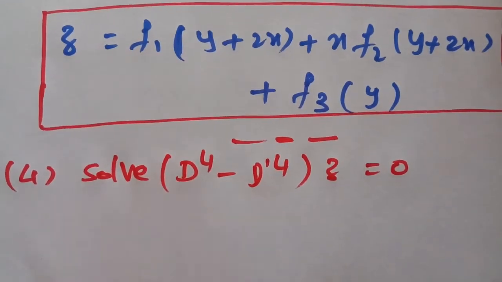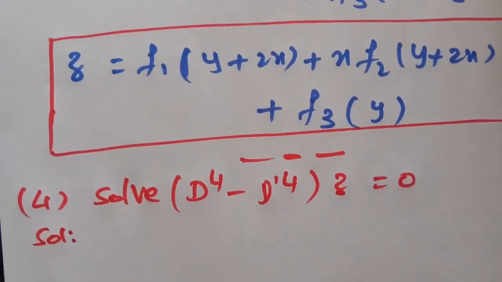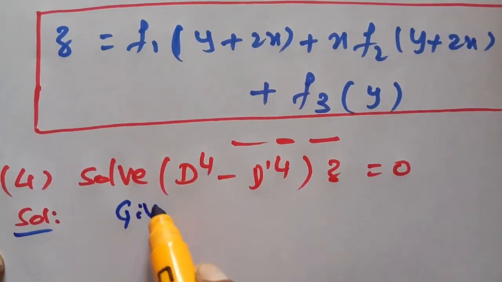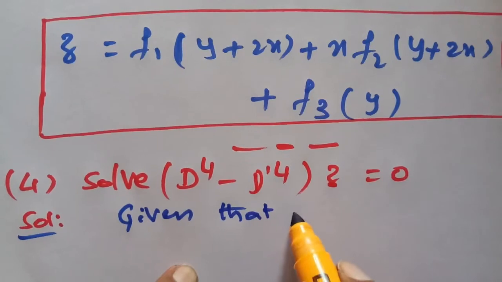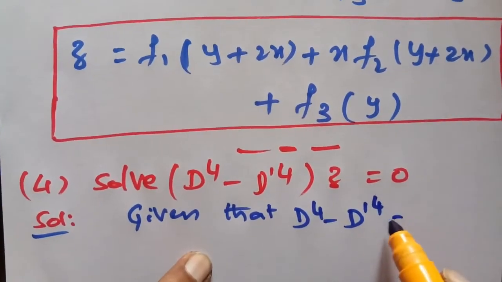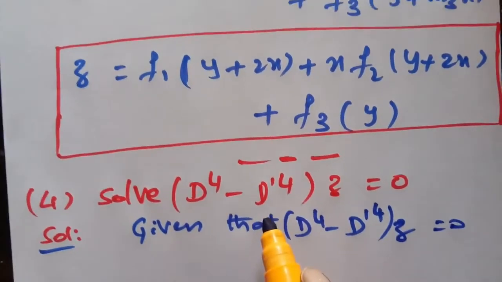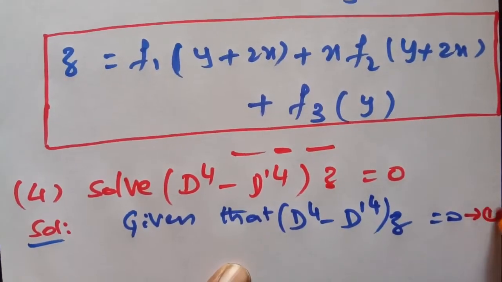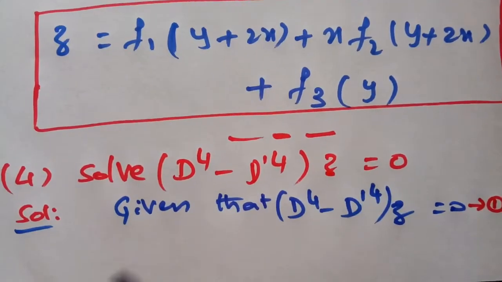In the solution, given that (D power 4 minus D dash power 4) into z is equal to 0. Say this is equation number 1.